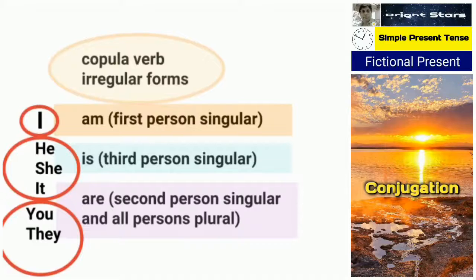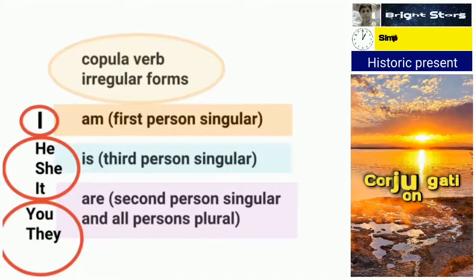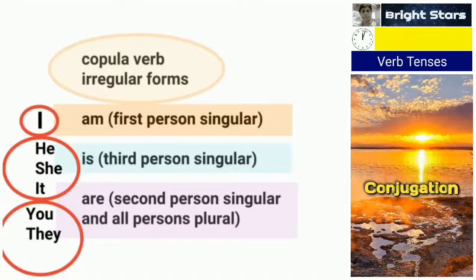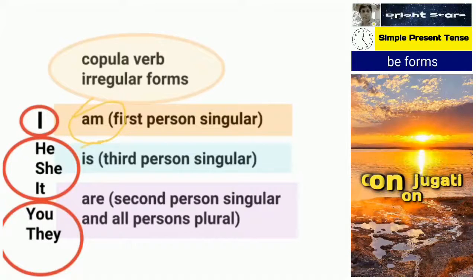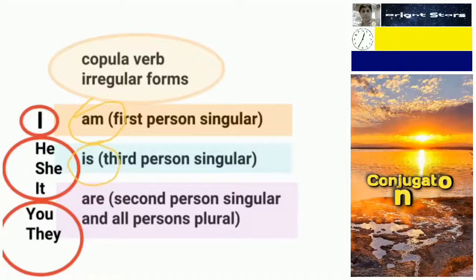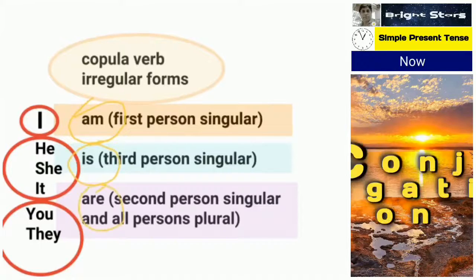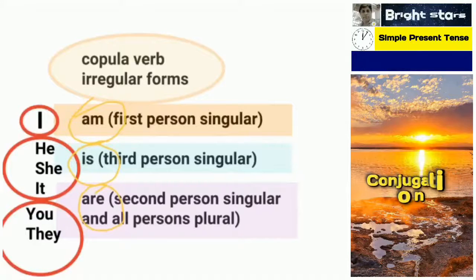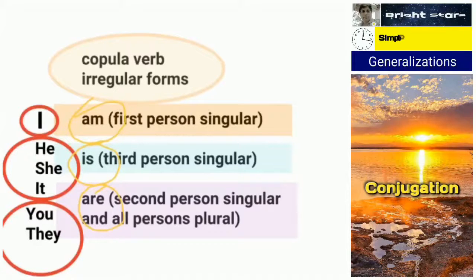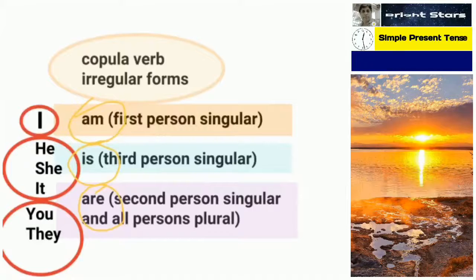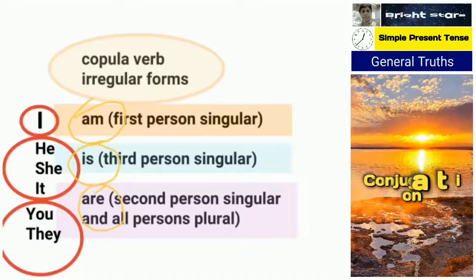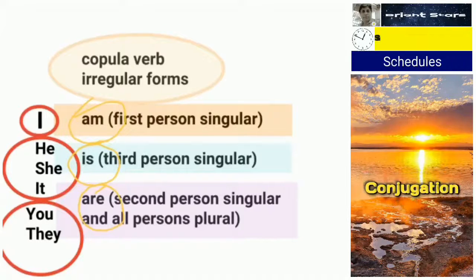So here, after I, the main verb is am. After he we use is: he is, she is, it is. After you we use are: you are, they are. So first person am, third person singular is, and plural are we use.